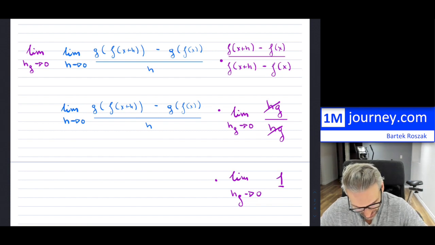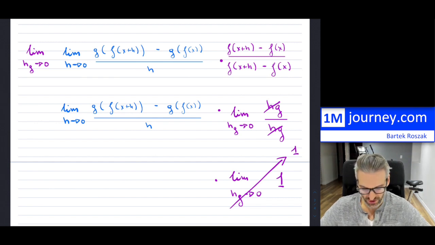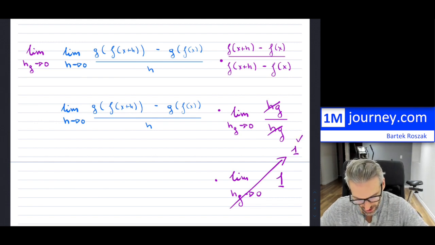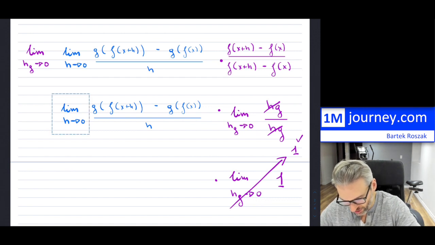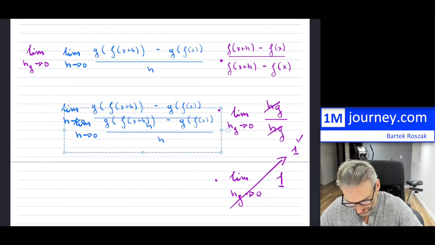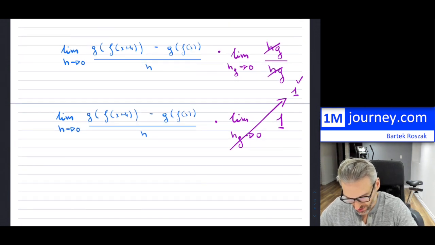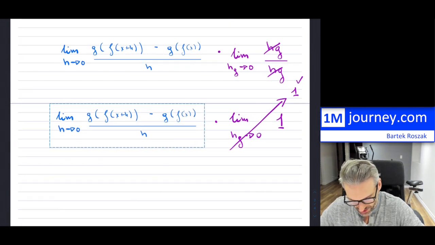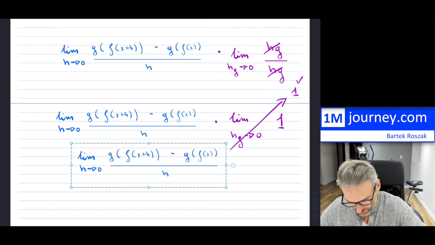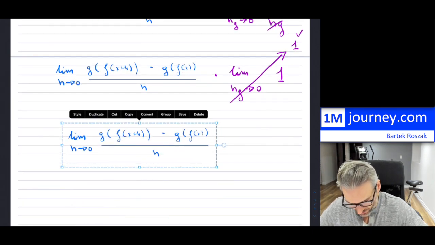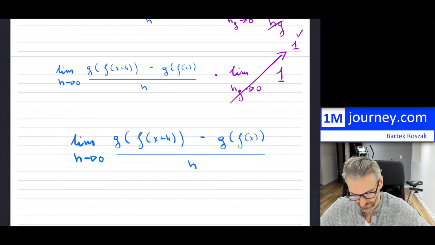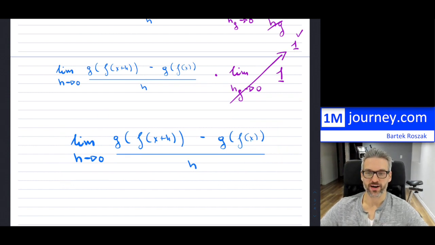And the limit of a constant is of course just the constant itself. So that's just 1. So now we have 1 multiplying all of this over here, which is going to be our answer. So this multiplied by 1, I'm going to duplicate it, bring it over here, make it bigger, is basically our entire answer.